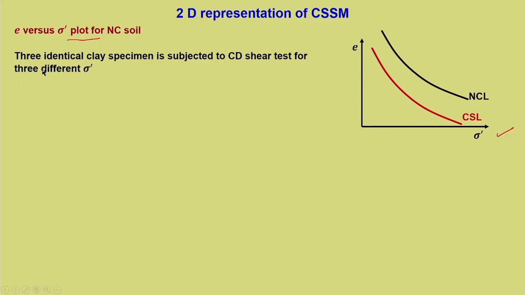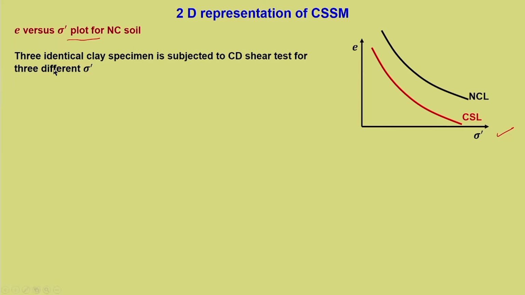Let us consider 3 identical clay specimens which are subjected to consolidated drained shear test. So, understand that we are first considering the drained test, a CD shear test, for 3 different sigma dash. This is what we generally do in triaxial testing also. We subject the soil to 3 different confinements, or in the case of direct shear test, we subject the soil to 3 different confining normal stresses and then we find out the shear stress.